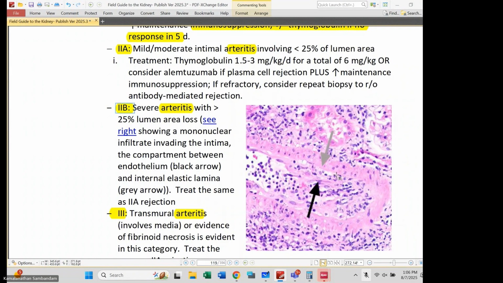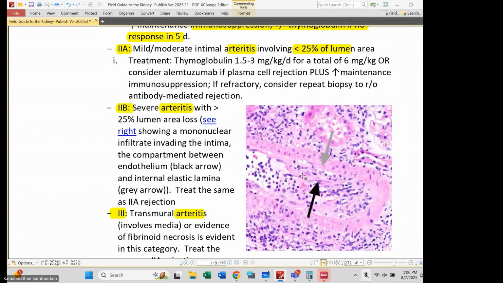This time we're using not a tubule, we're using an artery to make a determination of arteritis as opposed to tubulitis, as the name implies. And we're using the luminal encroachment to determine whether this is 2A or 2B.